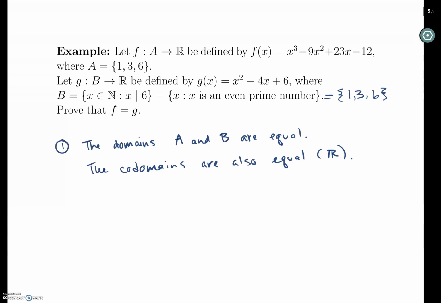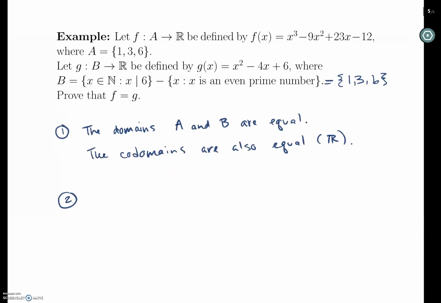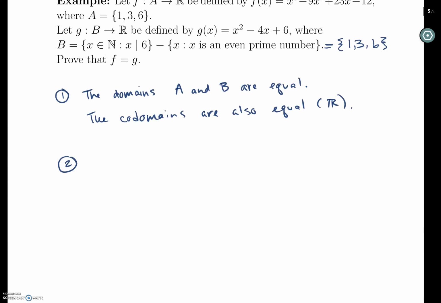So the domains are the same and the codomains are also the same. That was the first thing we need to check. The next thing we need to check is that every value agrees. So we need to check f of 1, f of 3, f of 6, and compare with g of 1, g of 3, and g of 6.